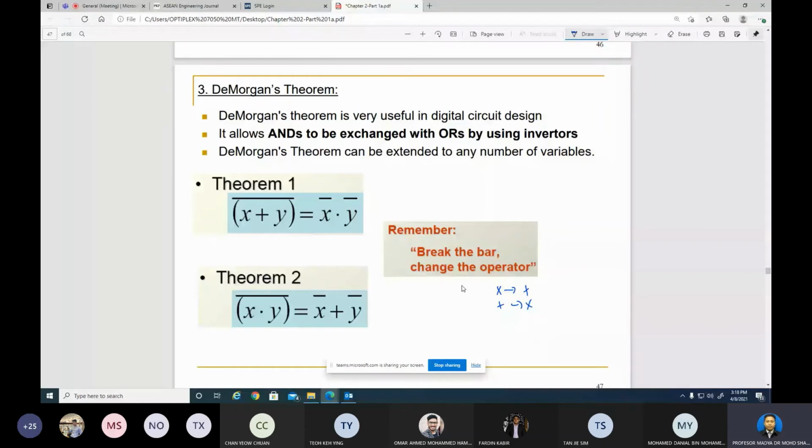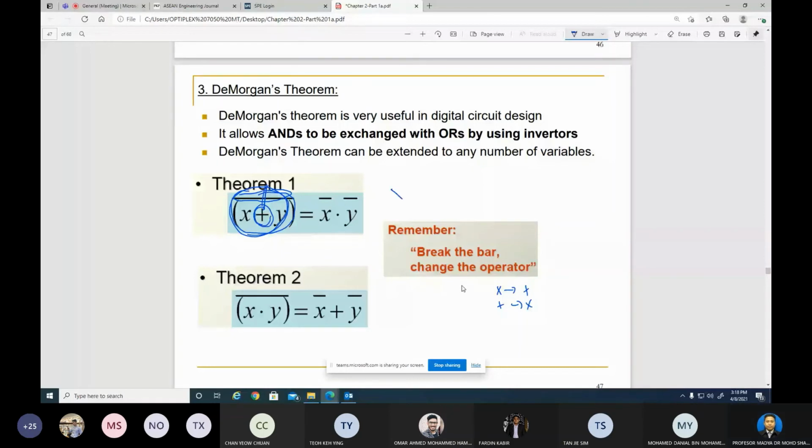Theorem 1: X plus Y, all under one bar, is the same. It is a shared bar, one bar covering both. You can separate this bar using De Morgan's theorem 1. That means we break the bar, but we have to change the operation from plus to multiply.